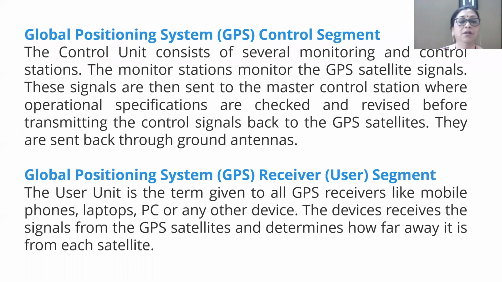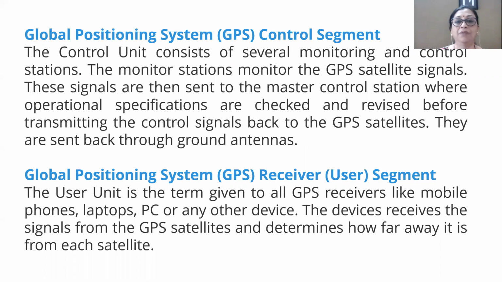This ground station consists of a control unit, and this control unit is made up of several monitoring and control stations and a number of antennas. The monitor stations monitor the GPS satellite signal, and these signals are then sent to the master control station.